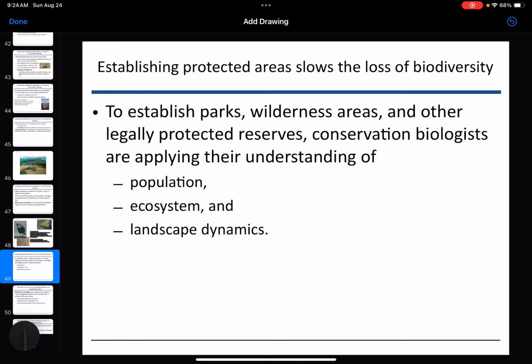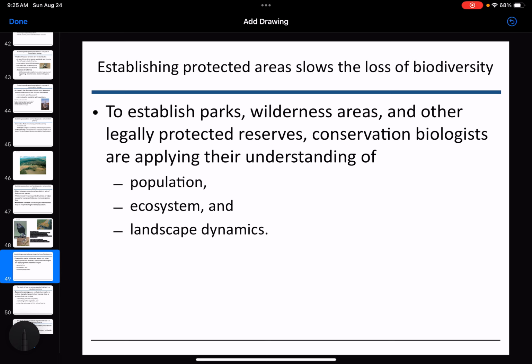All right, and as we wrap up, we also establish protected areas. Some of these conservation groups buy land and try to restore it back to its wild form, try to clean it up, try to slow down the loss of plant species that serve as maybe nesting sites, maybe food sources, maybe shelter to other species, and therefore they increase biodiversity.